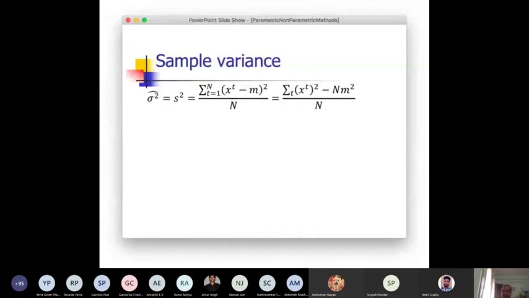Now let us consider the other quantity. We have considered the sample mean, and we have computed its corresponding expectation and variance. Once again, can you tell me what is the expectation of the sample mean?